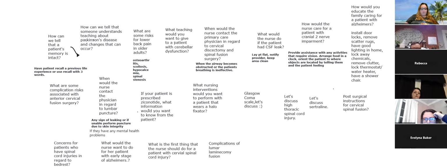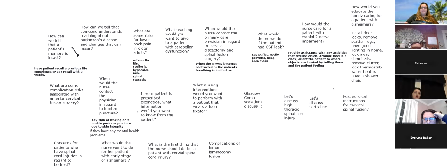So this was on the worksheet that I gave you, huh? What could you tell me about cerebellar dysfunction? What's the cerebellum? What is it responsible for? Does it affect your balance?